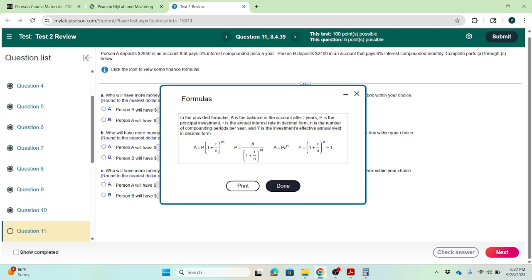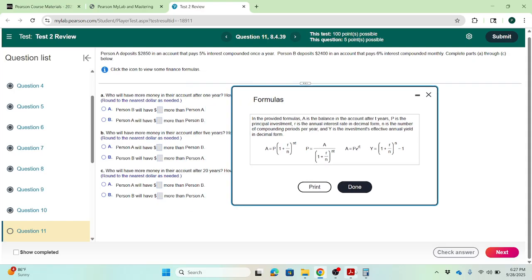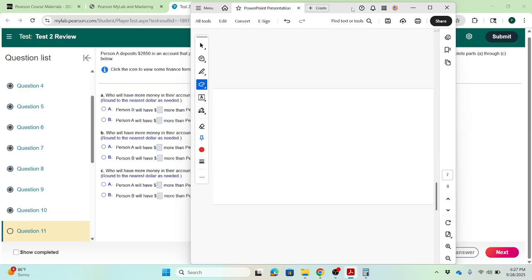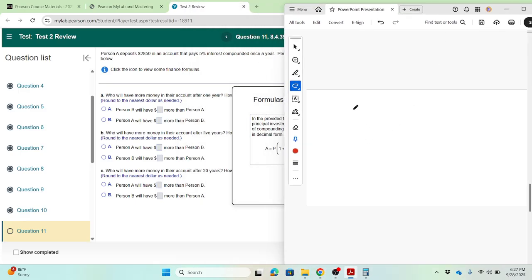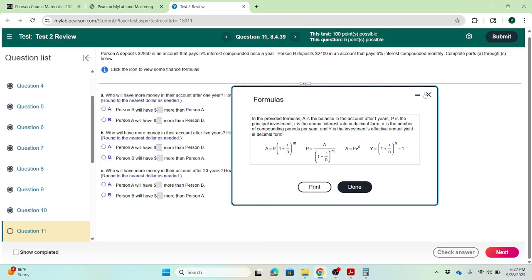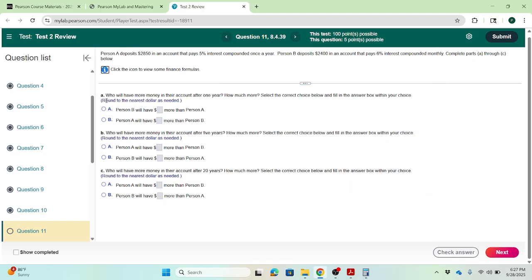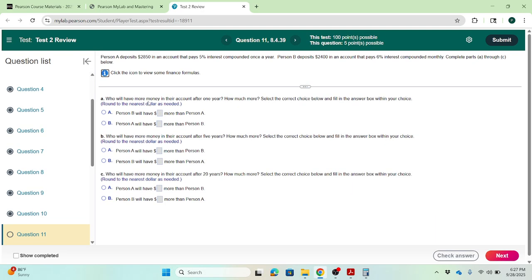N stands for how many times in a year. So to solve this problem, we are going to use the first formula, compounded n times a year. A equals P times 1 plus r over n to the power n times t. That's the formula.